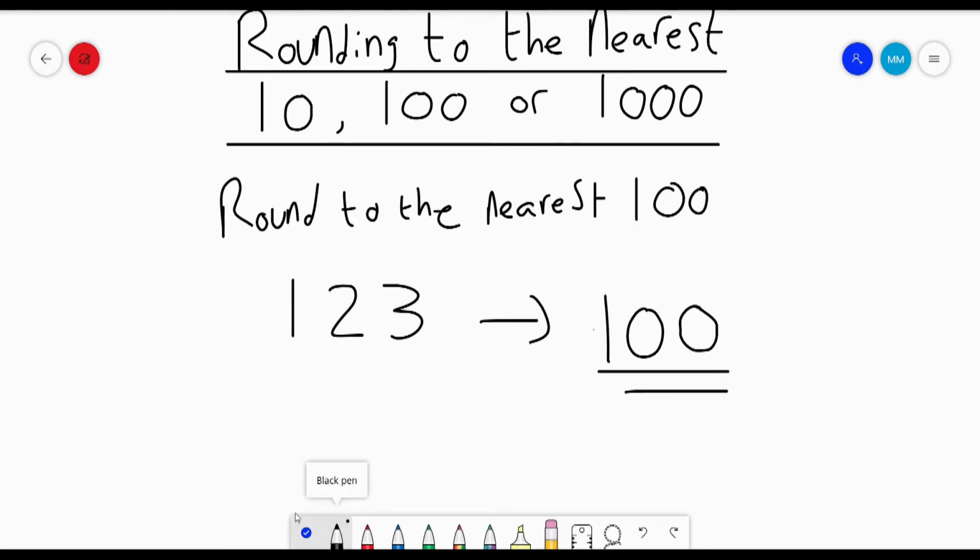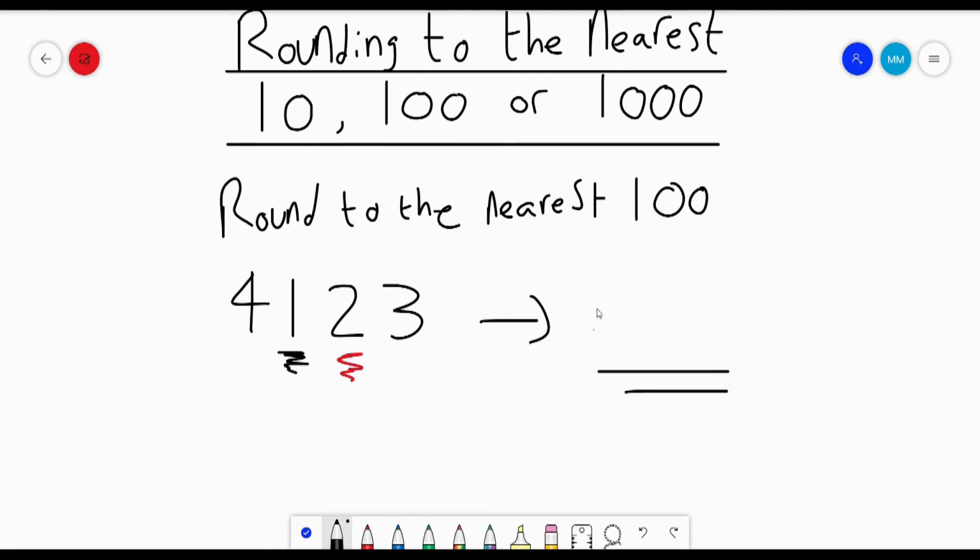Let's make it a bit harder. Let's have 4,123. Round this one to the nearest 100. Right, so how do we do that? Which one's in the hundreds column? The 1 is. Let's look one to the right. So that's 2. Is 2 worth 5 or more? It isn't.